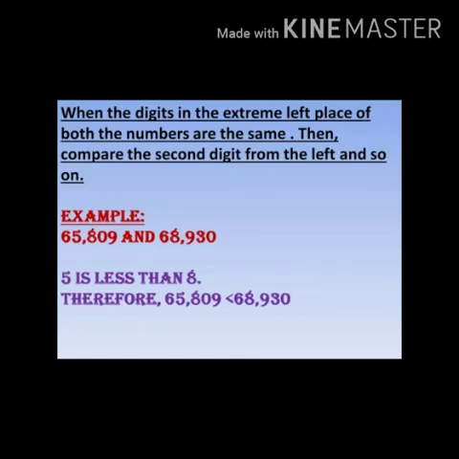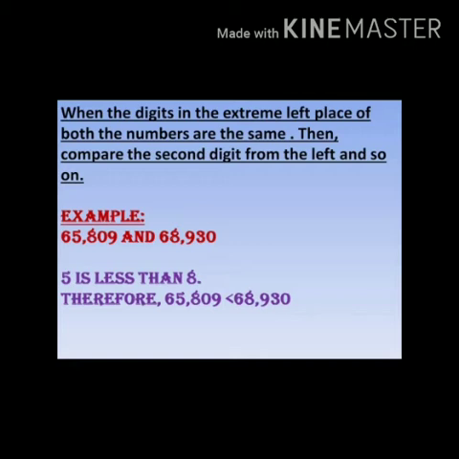When the digits in the extreme left place of both the numbers are the same, then compare the second digit from the left, and so on. For example, 65,809 and 68,930. Extreme left digits are same.